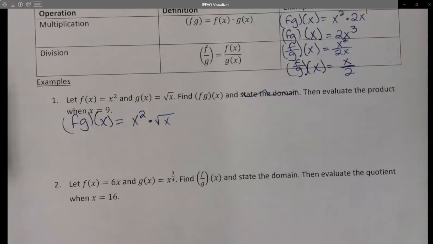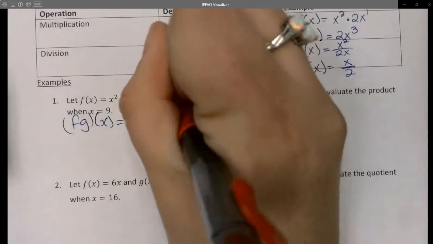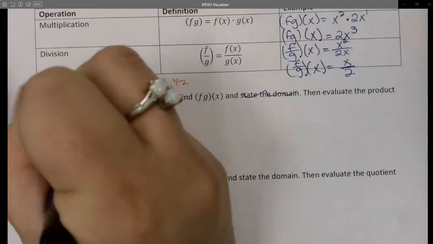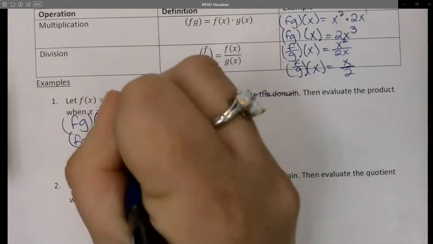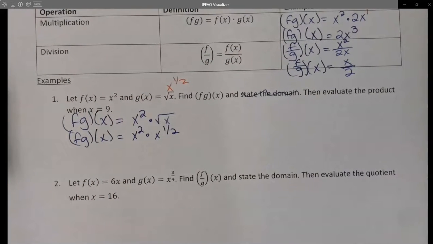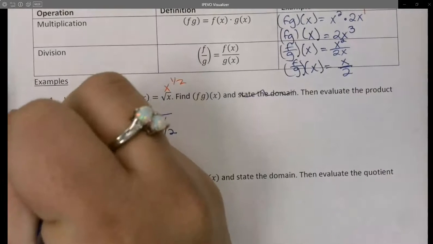Then remember from earlier in the chapter that I can rewrite the square root of x as an exponent of 1/2. So I'm going to rewrite that. When I have two of the same base, I can add my exponents.